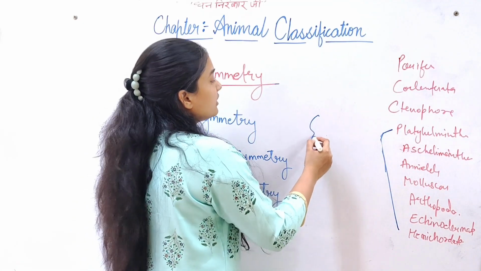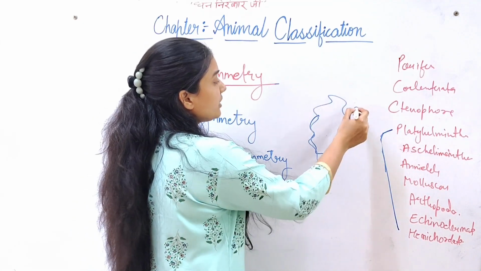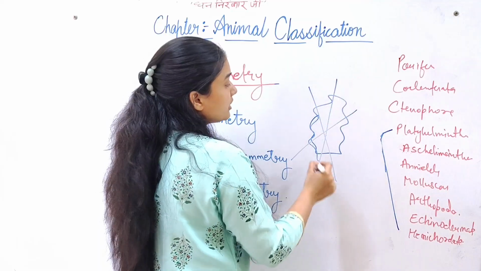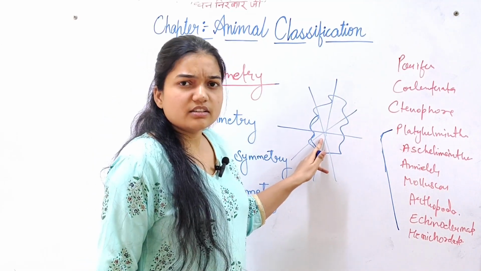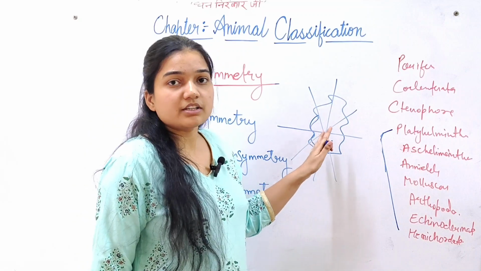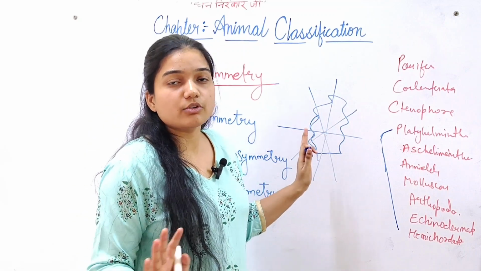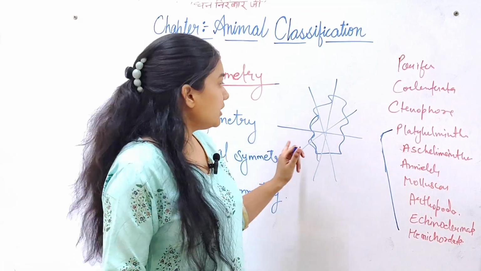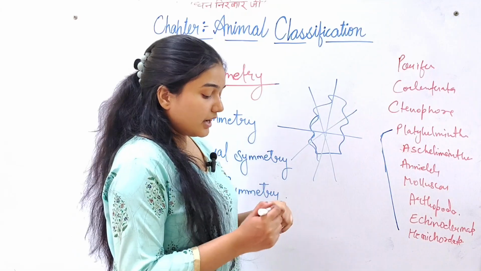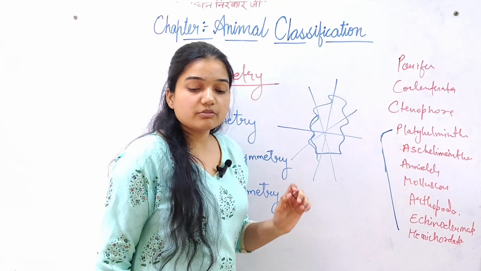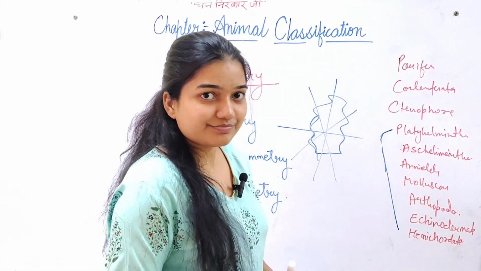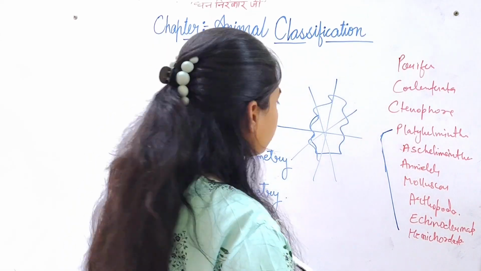For example, if I cut it like this, like this, in any plane through its center, it does not give any two equal halves, four equal halves, or five equal halves. It is called asymmetry.